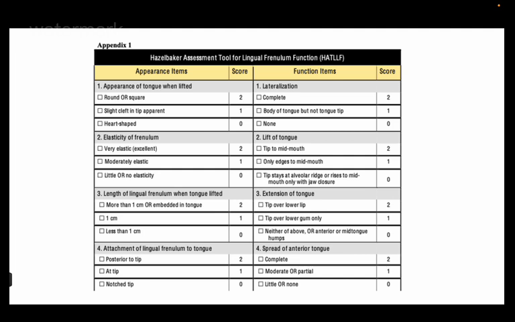First will be the appearance of the tongue when lifted, the elasticity of the frenulum will be checked, the length of the lingual frenum when the tongue is lifted, and the attachment of the lingual frenum to the tongue. For the function items it will be lateralization, lift of the tongue, extension of the tongue, and spread of the anterior tongue.